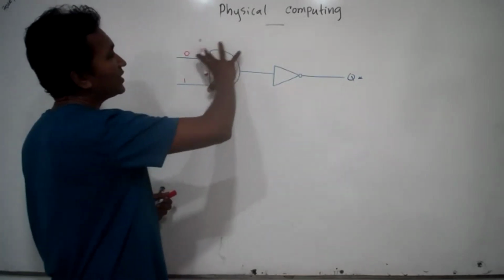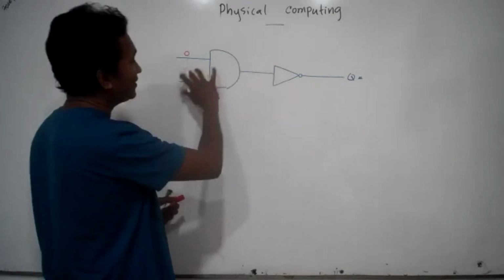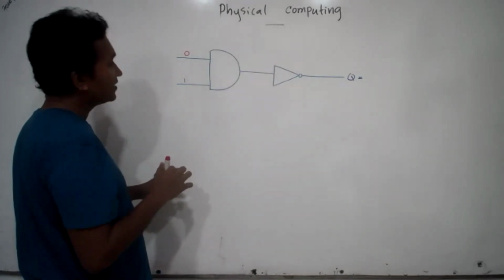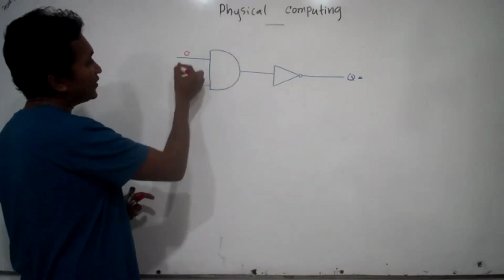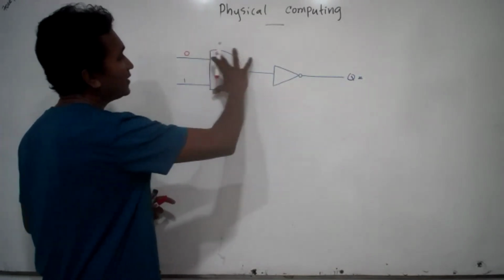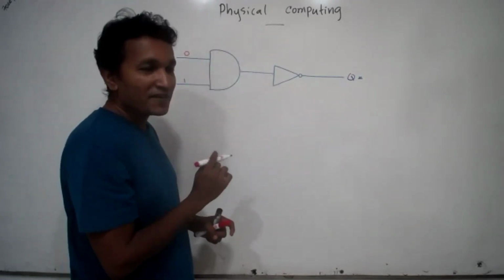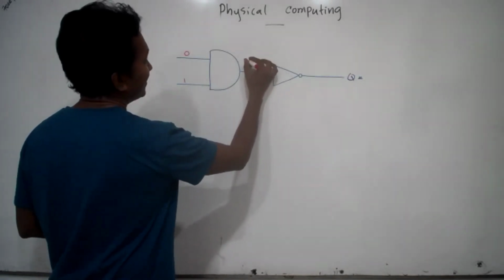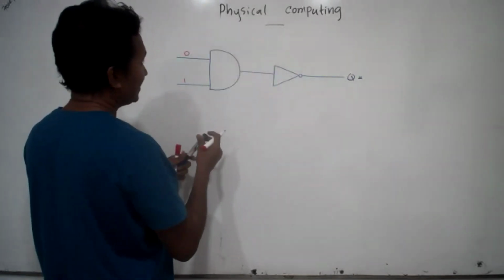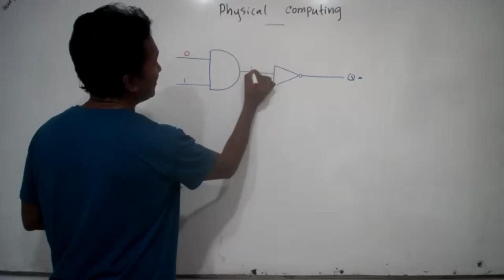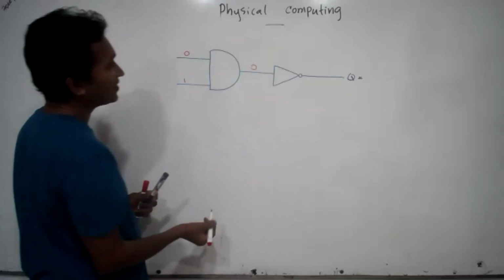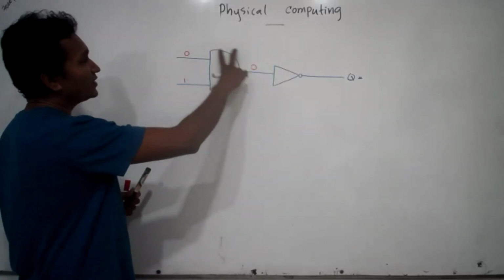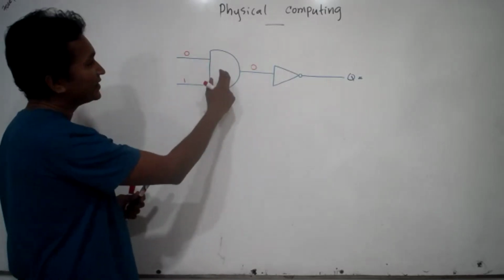So we have to solve this problem part by part. This is 0, this is 1. When it goes through the AND gate, what will be the result here? 0. Yes, here it will be 0, because it is going through an AND gate.